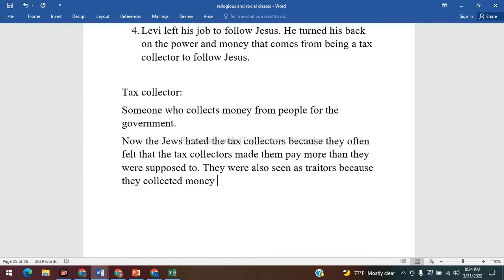He used to overcharge the people. They were also seen as traitors because they took money from their own people on behalf of a Roman government, which the Jews hated with a passion.